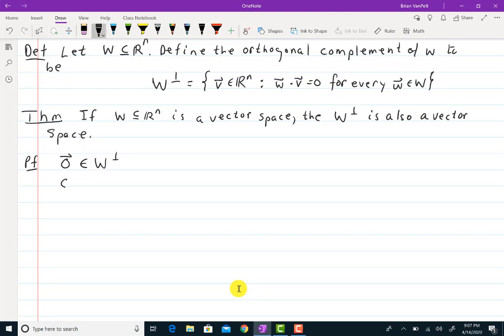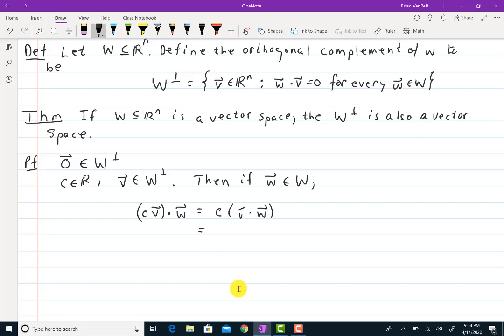Next, if we have a real number c, and I've got a v in W perp, then if w is in W, I can take my cv, dot it with w, and using the rules that we determined before, I can pull out the c and still have v dot w.